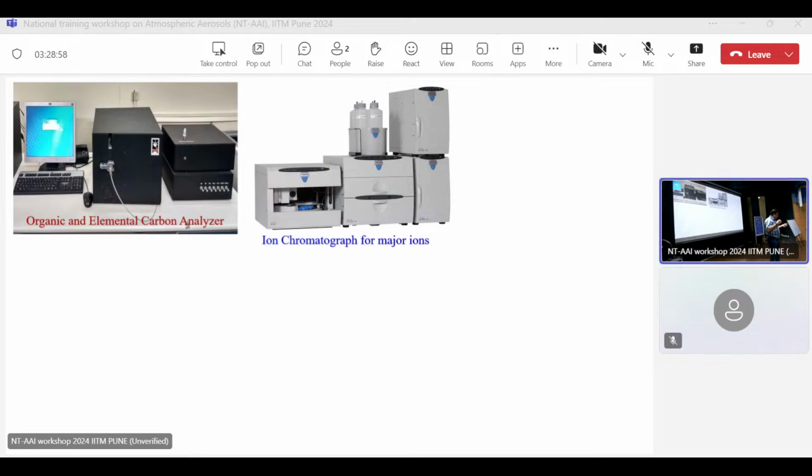This is a column where some number of ions will be there. We have a column, we injected 25 microliter into it, right?